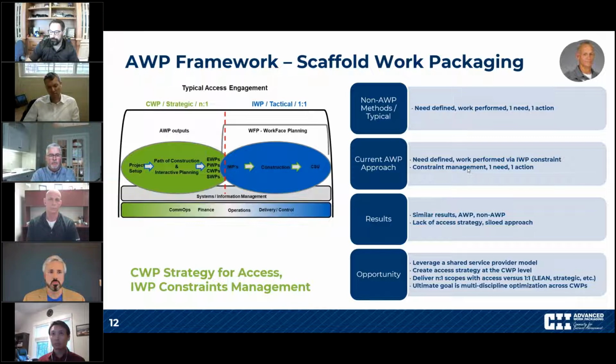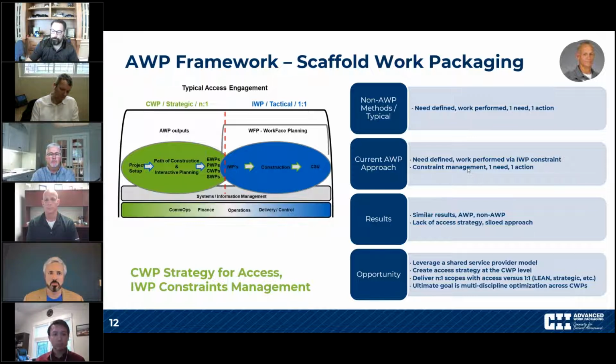So what we've seen is that scaffold is lagging behind in terms of AWP results, and really it's driven by the lack of a cohesive access strategy. We continue to be managed in a very siloed approach, contract by contract.